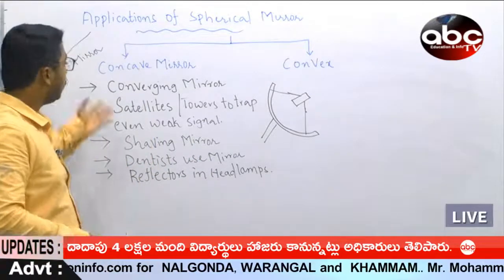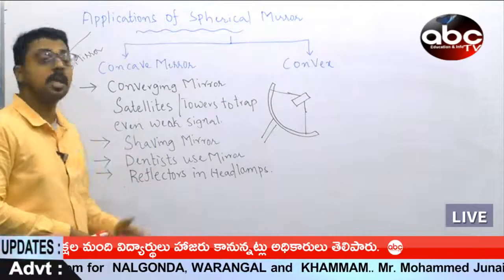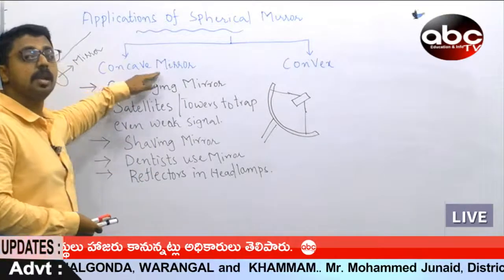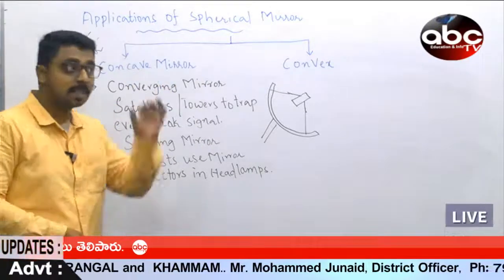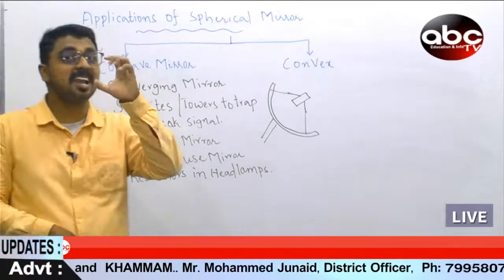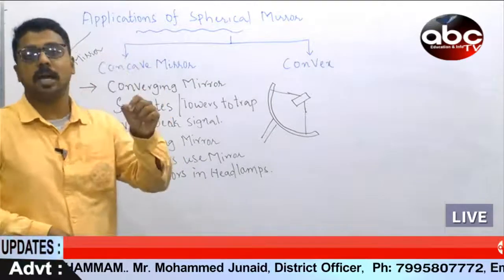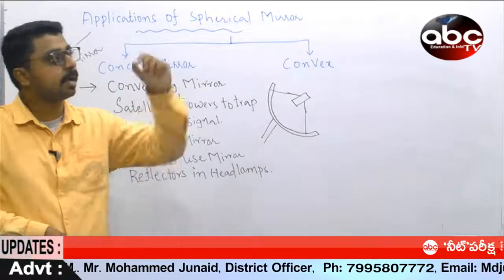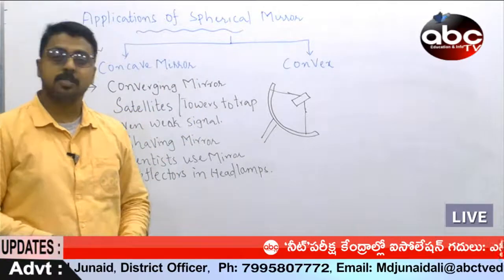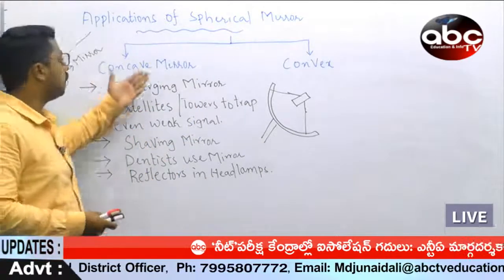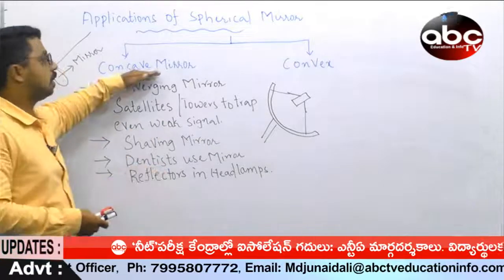So we have a number of uses. Even concave mirrors are useful in telescopes to view an object bigger, as enlargement in the image is needed. So we have many uses for a concave mirror.